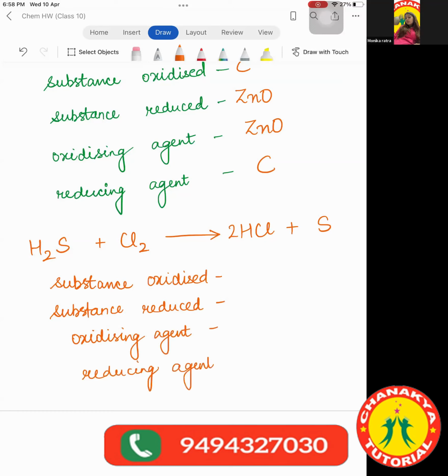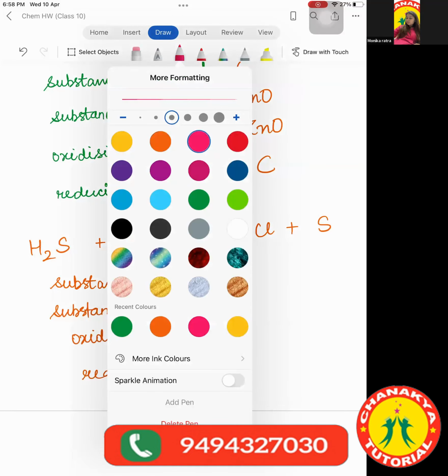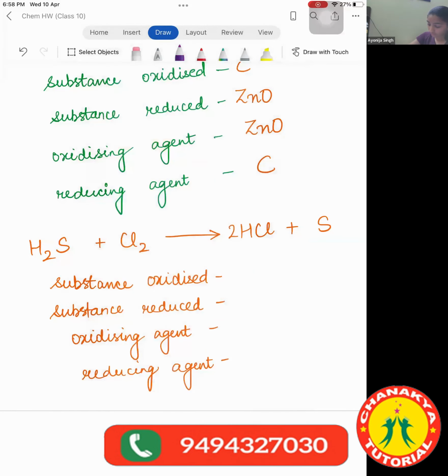Anija, can you tell me where the oxidation is taking place? Ma'am, Cl2 to 2HCl is oxidation. Wait.